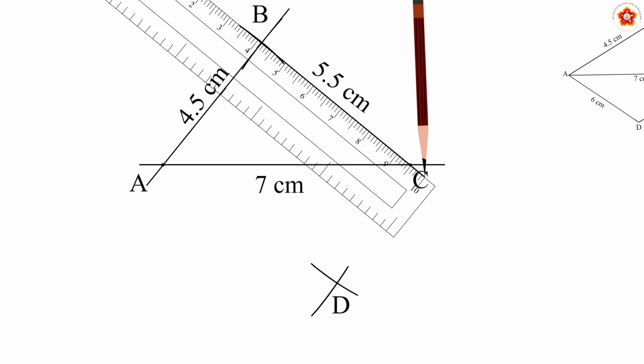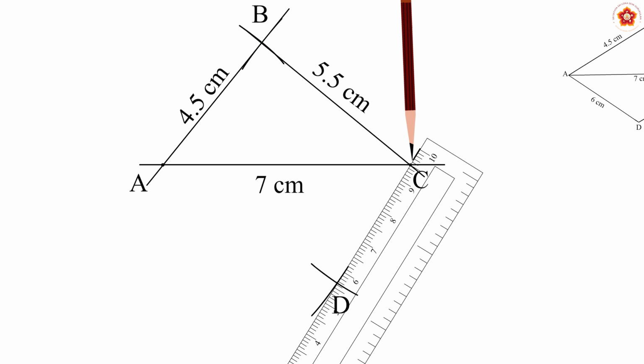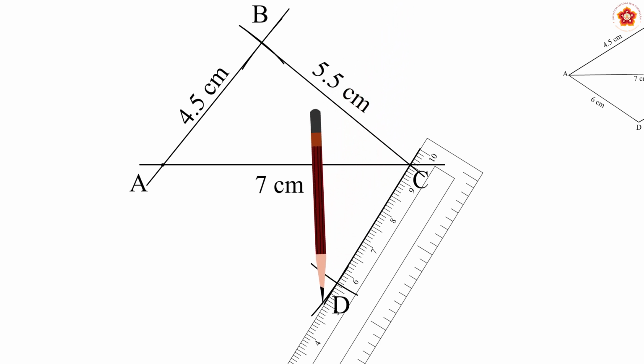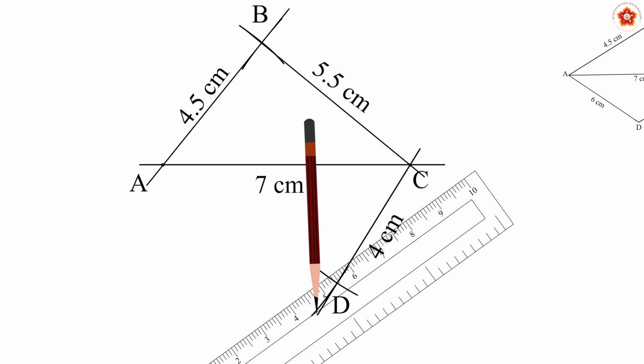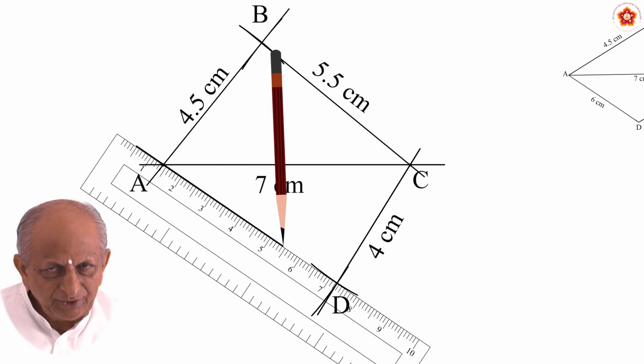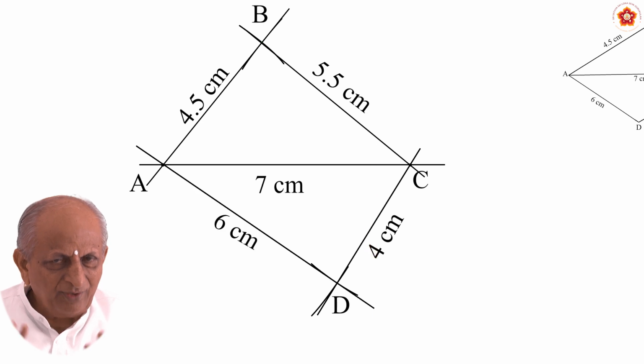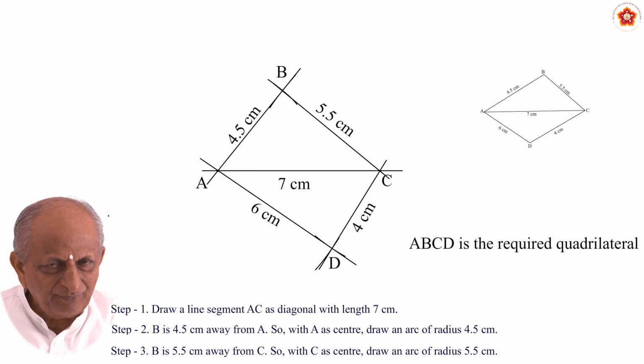Join the line segment BC, and that is about 5.5 centimeters. CD, that line segment is about 4 centimeters. And lastly, join the points AD, which is about 6 centimeters. Now ABCD is the required quadrilateral.